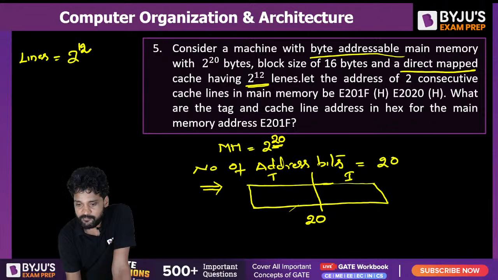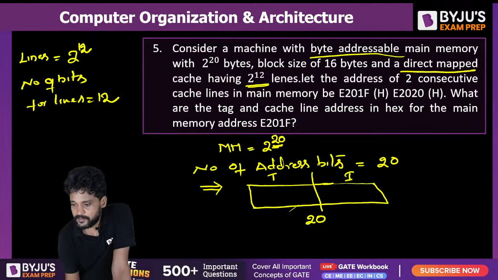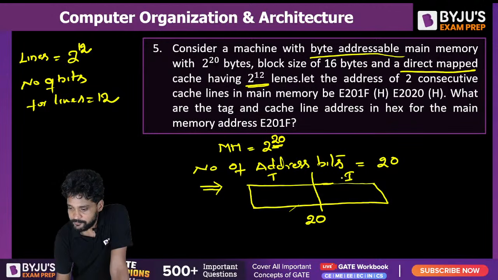So the number of bits required to represent the lines is equal to 12. So among 20, the line field is equal to 12 bits, right? And the rest is not index, now this will become the word field.